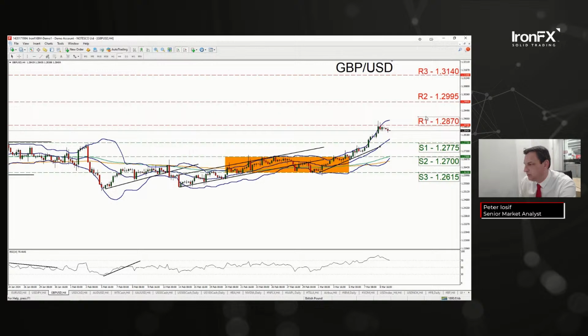Now the big question here is whether the upward motion is to continue or not. On the one hand, we saw that there was an intensification of the upward movement in the past few days, yet that was breached.